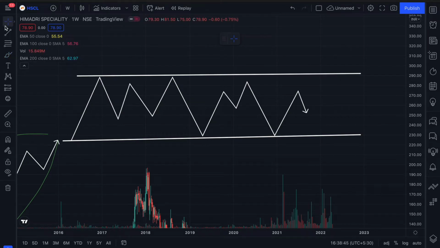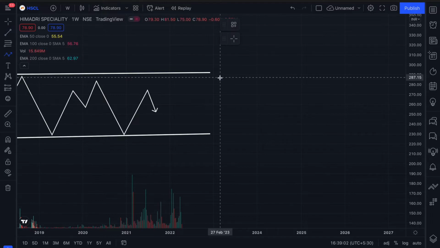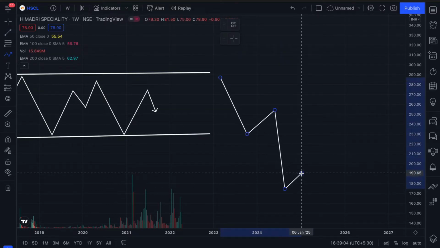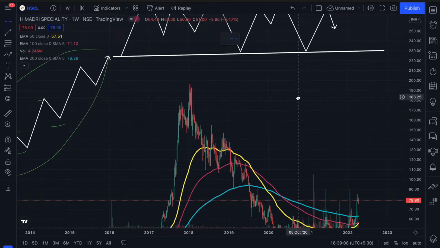We do not have the dominance of either the buyers or the sellers. This is consolidation. And then we have the downtrend: lower highs, lower lows, and the dominance of the sellers. I'm sure most of you know about it.